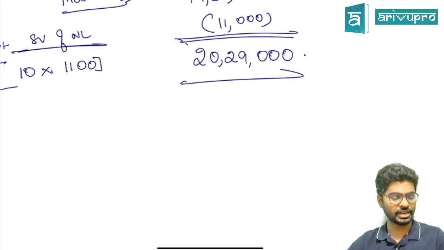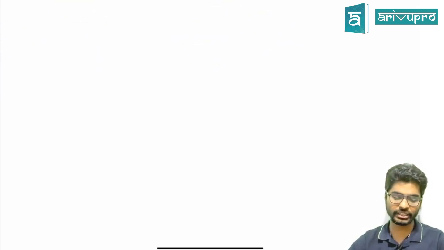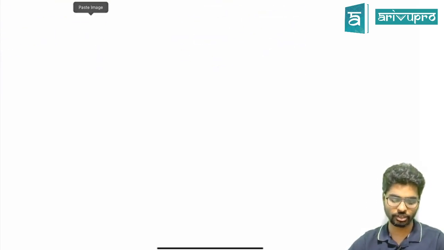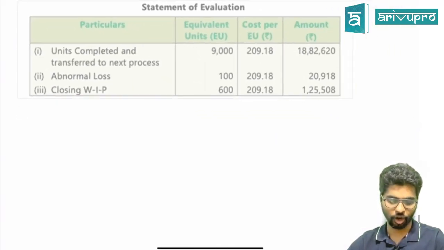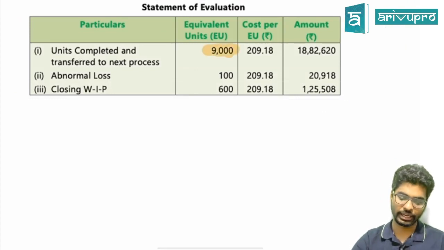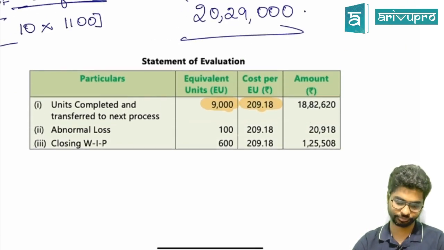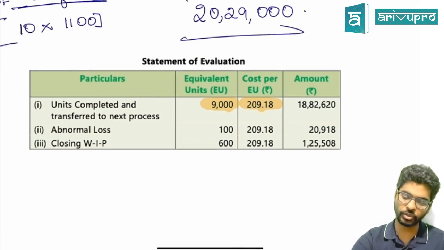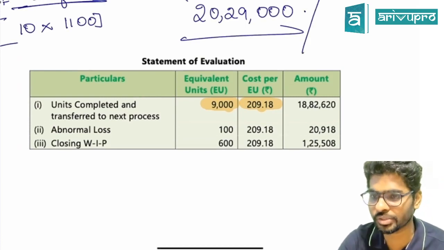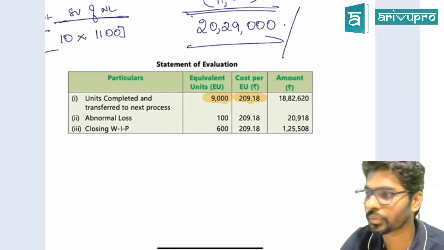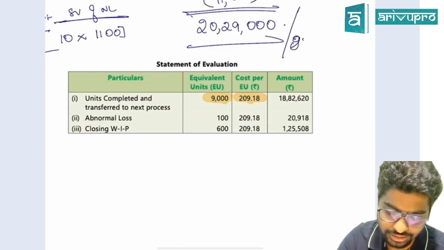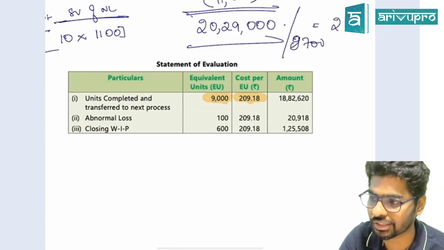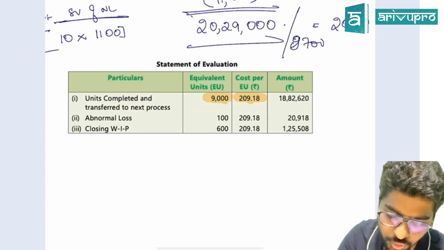Done? Now the statement of equivalent production is extremely easy. Why easy? Because I am not differentiating anything between an opening stock and a closing stock. Now see here, whatever units are completed this year, 9,000 units, so my cost per unit will become 20,29,500 divided by 9,700, which is going to give me 209.18.